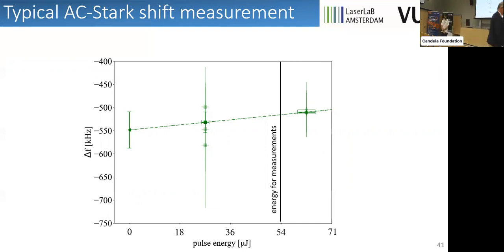So how does a lambda/4 wave plate prevent two photons from one pulse being absorbed together? Yeah, I was afraid of this question. At the moment, I can't remember. It's the combination of having the circular polarization and chirped pulses. But I believe it was the group of Professor Eikema who wrote the paper where they described this effect.